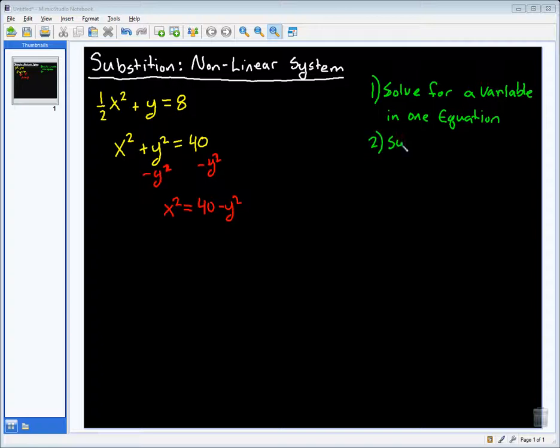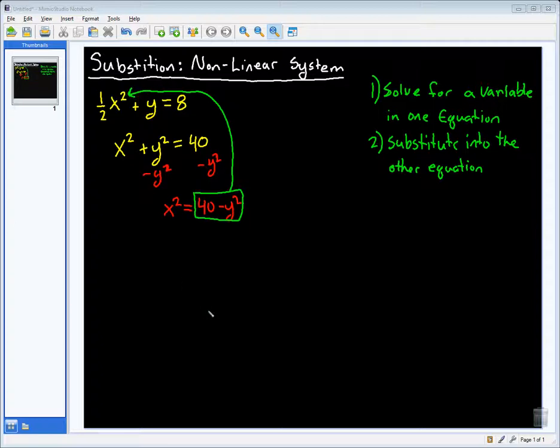Second step is I want to substitute into the other equation. So that means I'm going to take my 40 minus y squared, and I'm going to substitute into the x squared in the top equation.